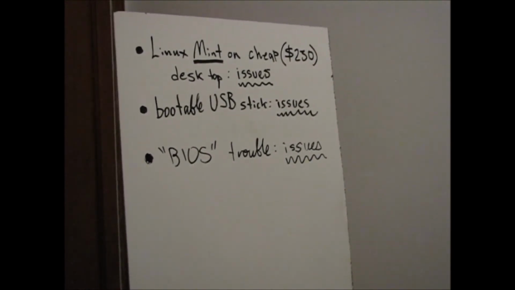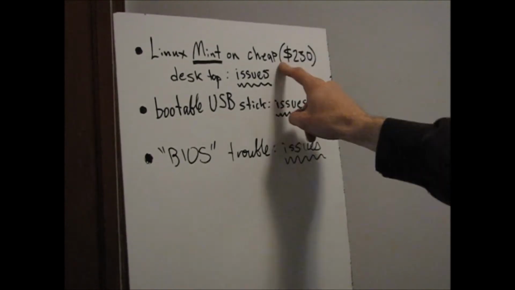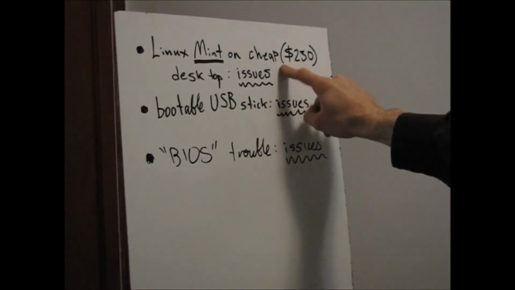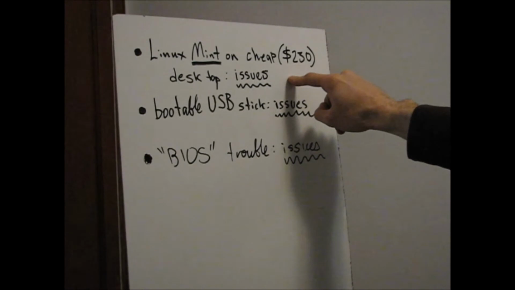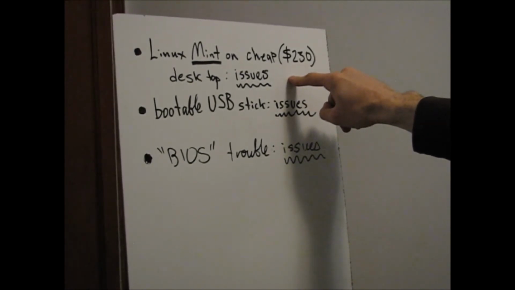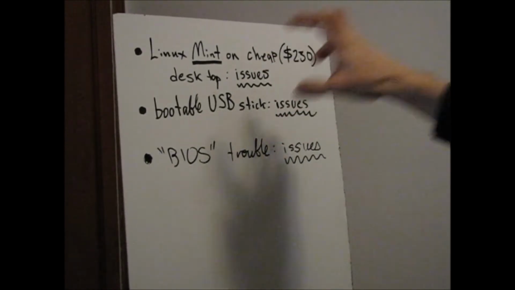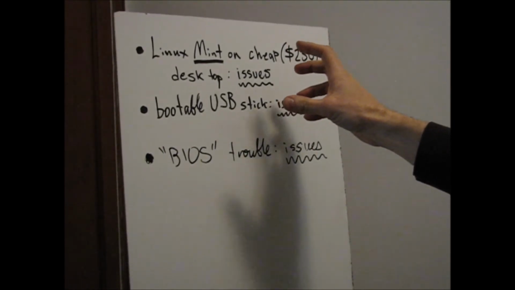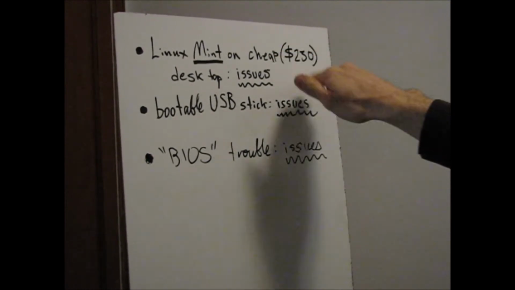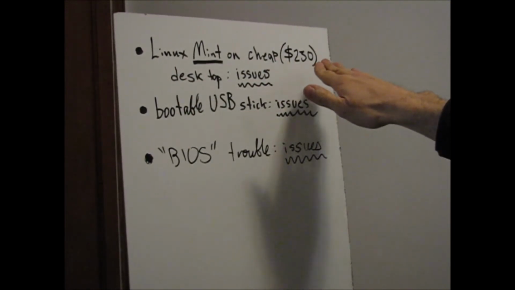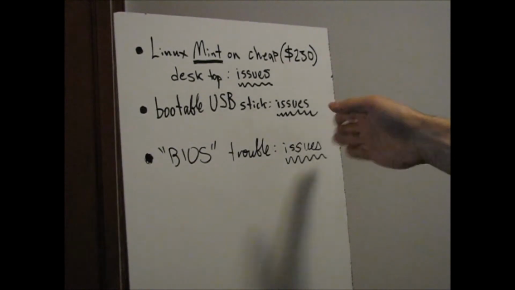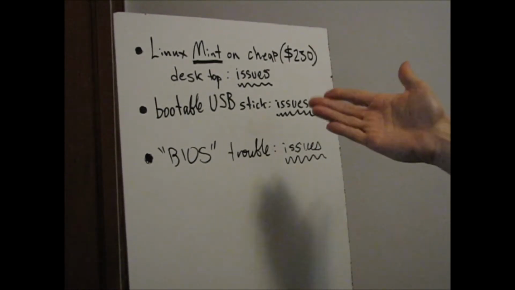It turns out I had an extra, completely blank SATA hard drive, so I was able to keep all of my Windows 8. I took out the hard drive, put in the empty one, and started from a blank slate with a brand new motherboard, brand new CPU, and all that.